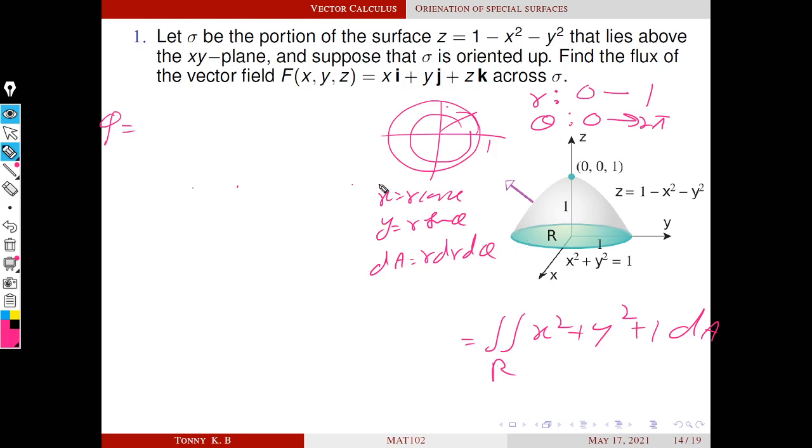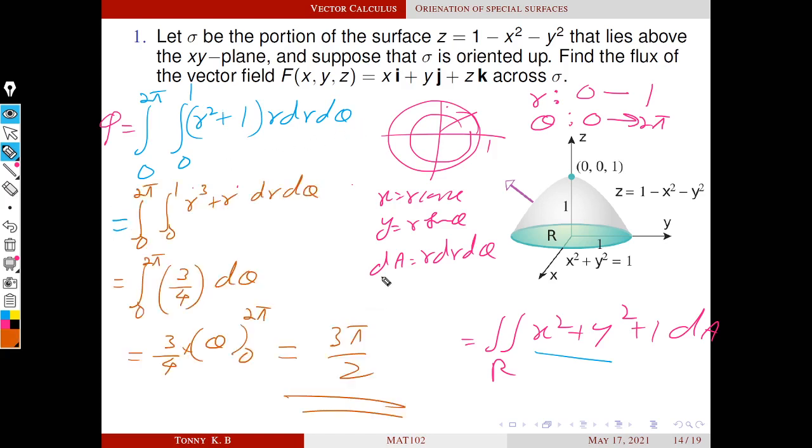Then this integral becomes the integral from 0 to 2 pi, that is the range of theta, and the range of r is 0 to 1, and x square plus y square becomes r square. x square plus y square is always r square, so r square plus 1 times r dr d theta. So this becomes r cube plus r dr d theta.